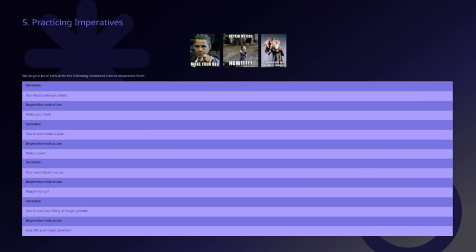This exercise helps us understand how to convert regular sentences into imperative form, which is very useful when giving clear, direct instructions. Now, for practice, let's try rewriting some sentences into their imperative forms. Remember, focus on starting with the verb and making the command straightforward and clear.